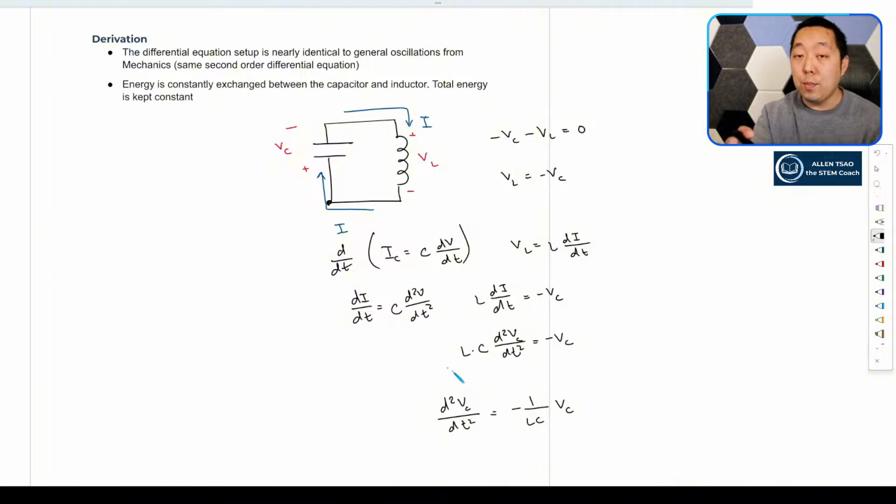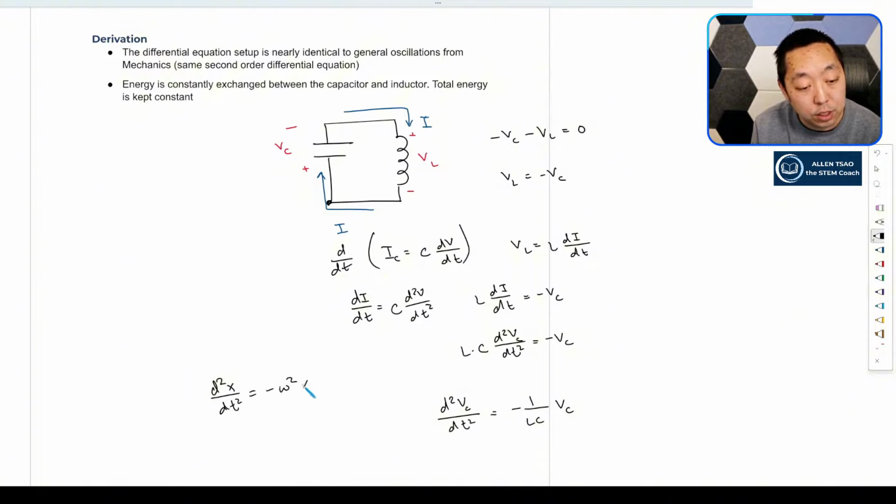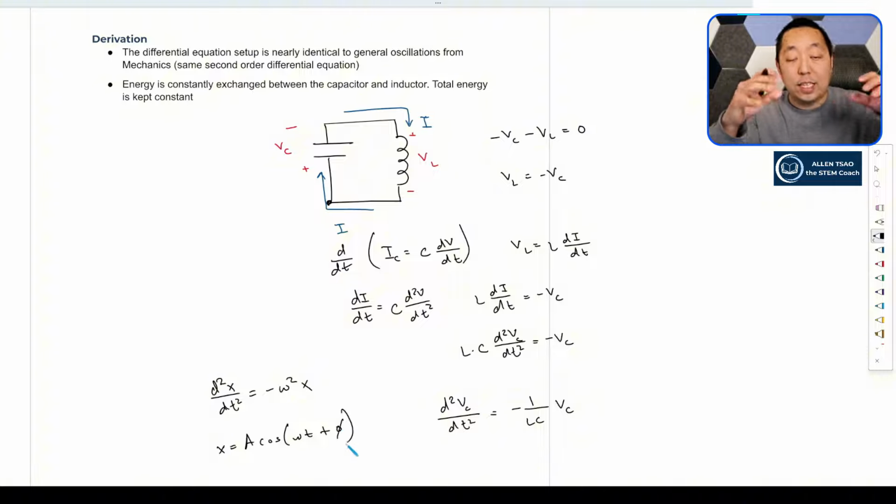Now, remember back in AP Physics C Mechanics, when we did general oscillations in Unit 7, we said that if you have a second order differential equation like this, the solution is A cosine of omega t plus phi, where this coefficient is omega squared. It's going to oscillate. That's from the harmonic oscillation scenario: the physical pendulums, simple pendulums, and mass springs.